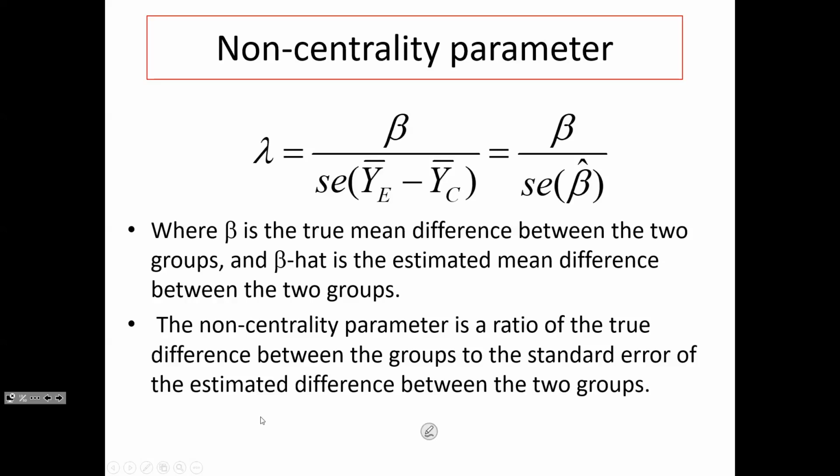And so this is the mean difference between the two groups. One thing I want to say is that it's the hypothetical, the true mean difference between the two groups. Right now we're in the land of imagining what the true mean difference is.